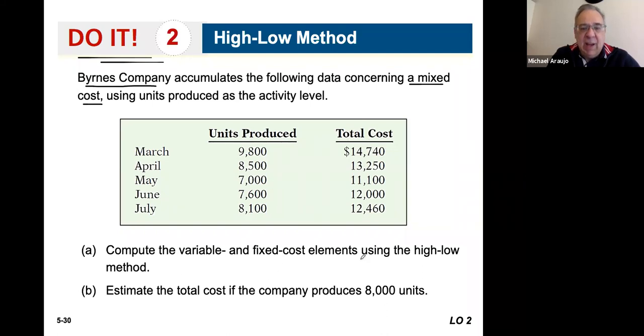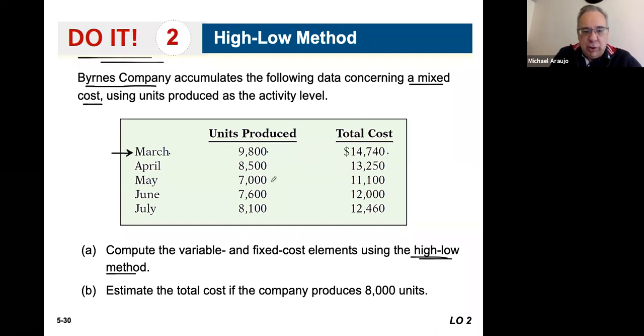So again, in order to do the high-low method, we have to look at the data and pick the high and the low. And so as you see, March looks like it's a high. It's 9,800 units, the highest amount of units produced. 14,740 is the highest cost.